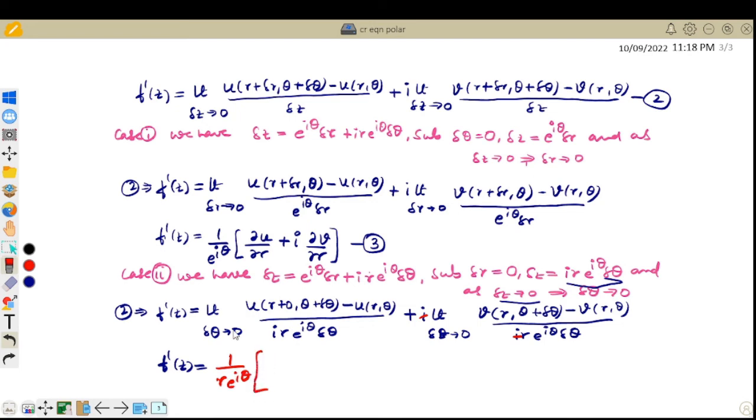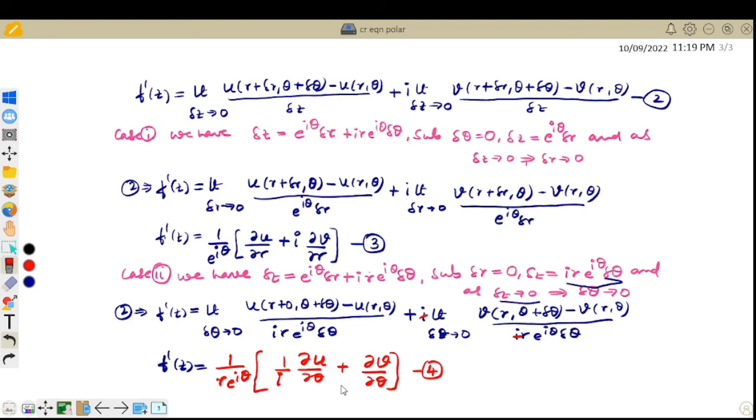And look at the remaining one. The remaining is limit as delta theta tends to 0 of u of r comma theta plus delta theta minus u of r comma theta divided by delta theta. It is the partial derivative of u with respect to theta, and there is a 1 by i outside, plus the remaining one becomes dou v by dou theta.